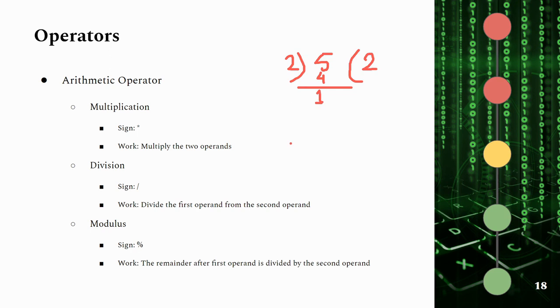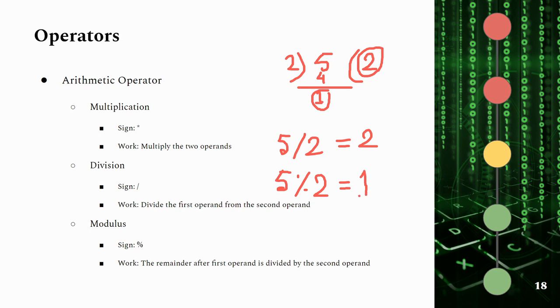So in this operation, if we give 5 divided by 2, the result will be 2, and if we give 5 modulus 2, it should provide us the remainder, which is this part. So the answer will be 1.